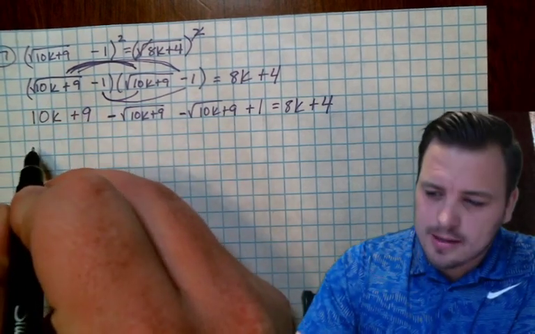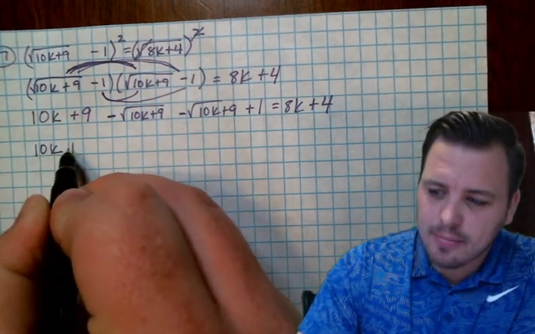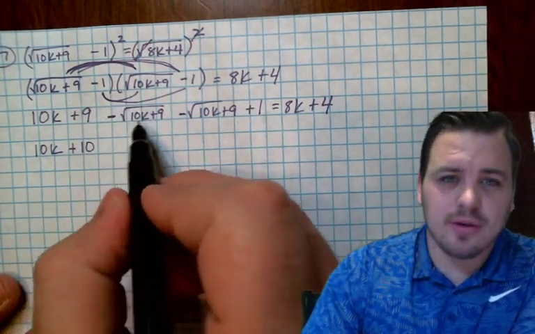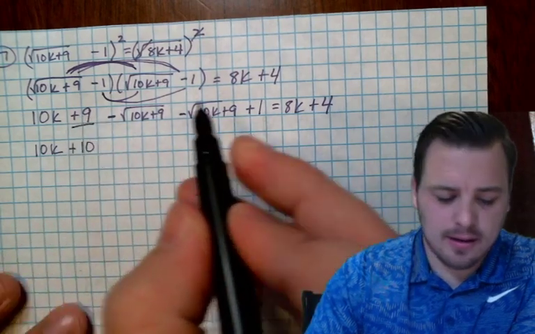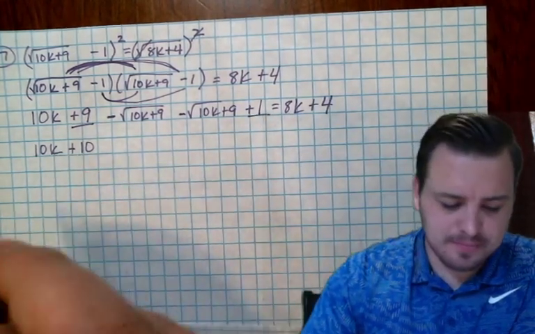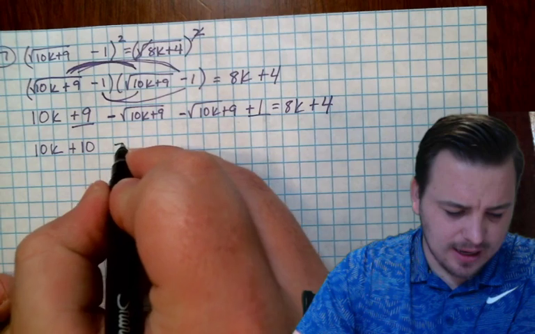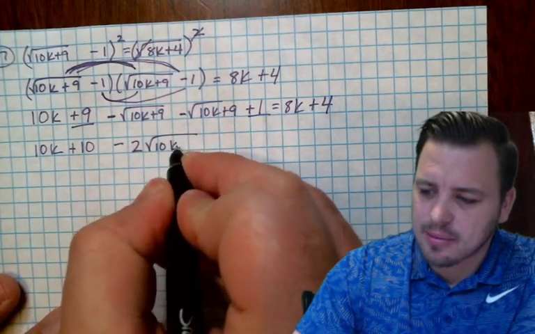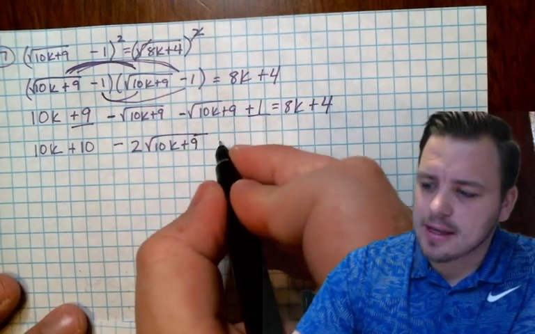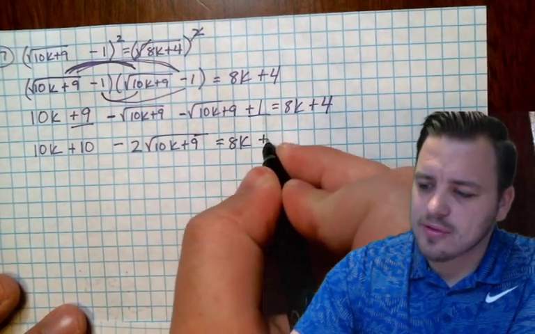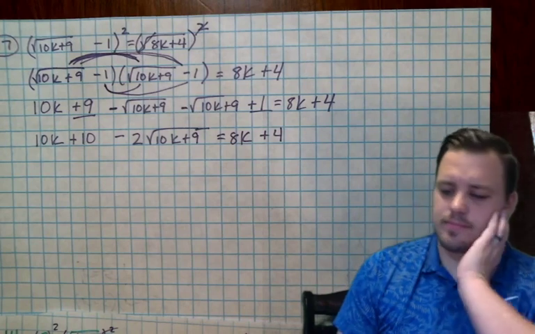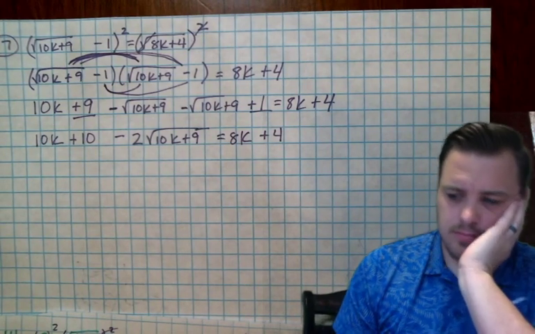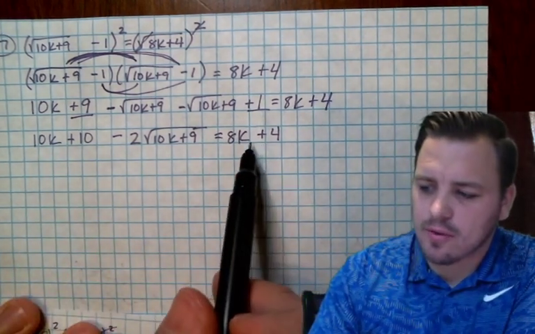So 10k plus 9 plus 1 is 10k plus 10, and we know this right here, so 9 plus 1 is 10. And then that would make negative 2 radical 10k plus 9 is equal to 8k plus 4. Now let's move this all over here.